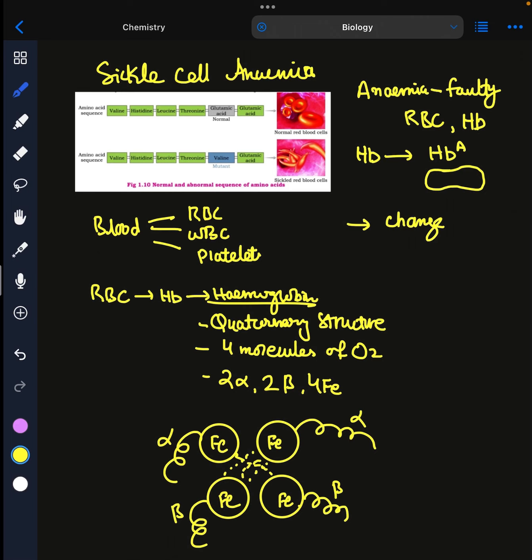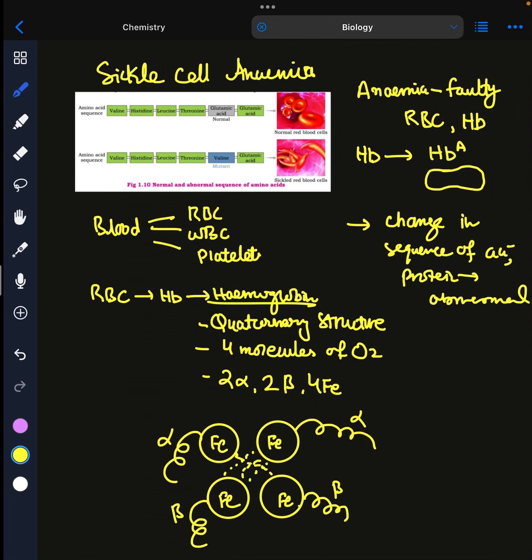Look, hemoglobin is a protein, and whenever a protein has a change in the sequence of amino acids, it becomes abnormal and it causes a disease. So whenever there's a change in the sequence of amino acids, the protein becomes abnormal.